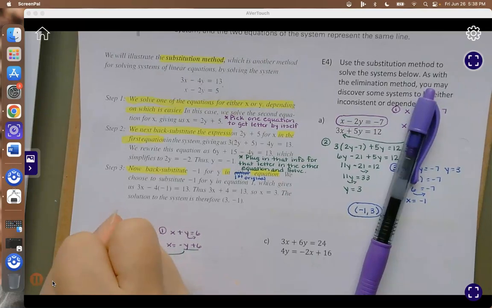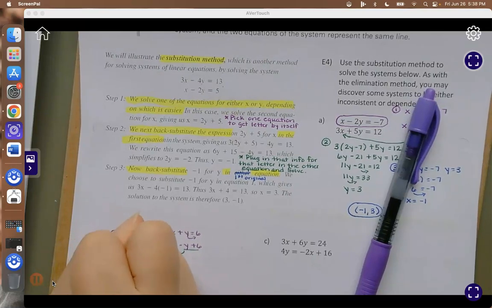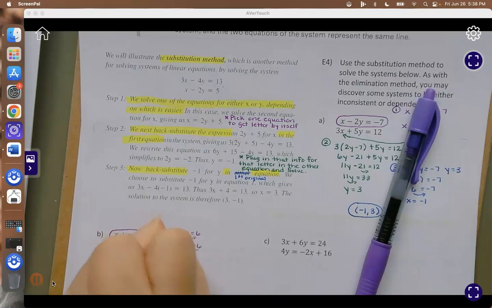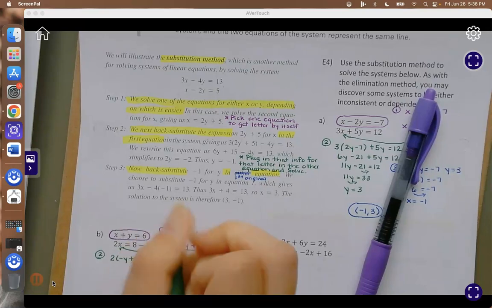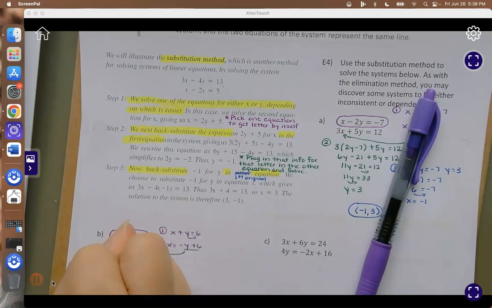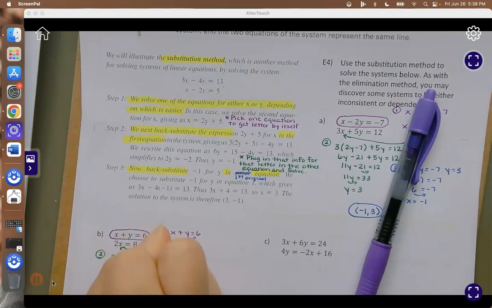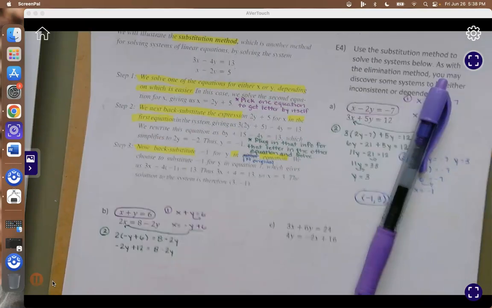So this is 2 times negative y plus 6 equals 8 minus 2y. So this is negative 2y plus 12 equals 8 minus 2y.